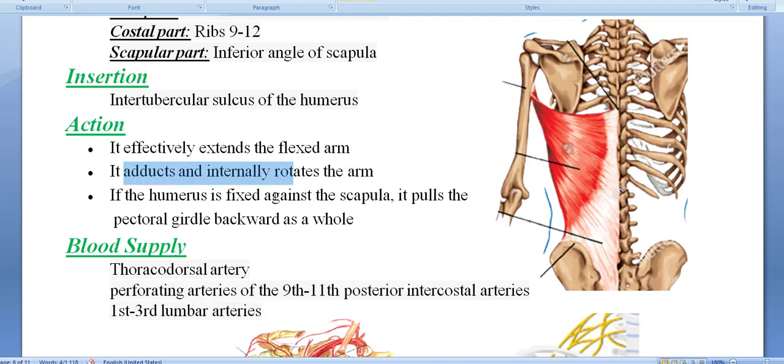If the humerus is fixed against the scapula, it pulls the pectoral girdle backward as a whole. So extension, adduction, rotation of the arm, and the backward pulling of the pectoral girdle. All these are the actions of this muscle.